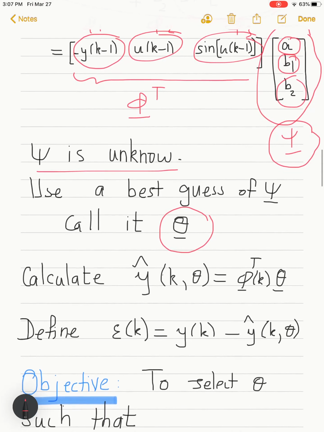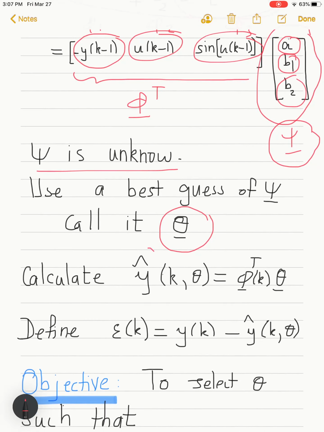If I calculate the output based on theta, I would call it y hat, because this is not the true output, it is a guess of the output, and that would be equal to phi transpose, which is the known functions vector, times theta, which represents the guess of the parameters.